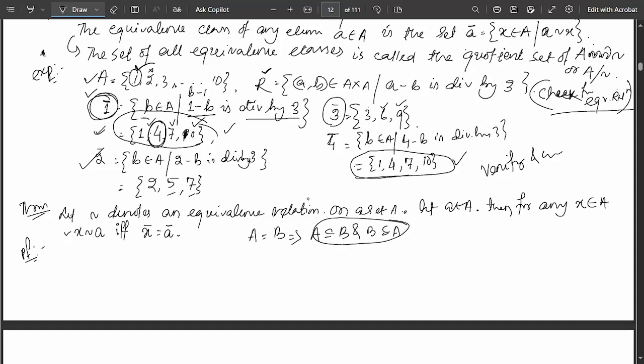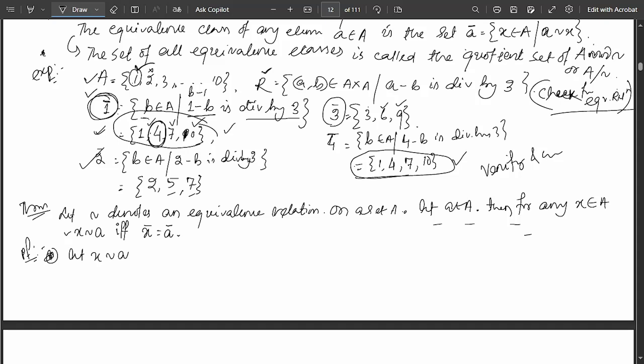What we have to show here is that the equivalence class of x is a subset of the equivalence class of a, and the equivalence class of a is a subset of the equivalence class of x. First we have to prove that the equivalence class of a, let x be related to a.